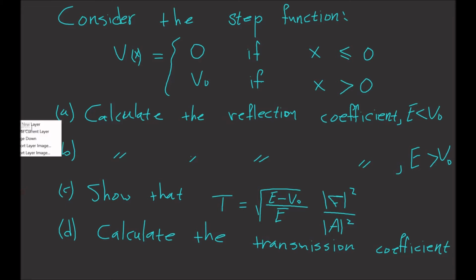So let's get started. As usual, we're going to look at the solution for the Schrödinger equation for the first case. The solution here, psi of x, is equal to A e to the i k x plus B times e to the minus i k x, and this is for x less than 0.